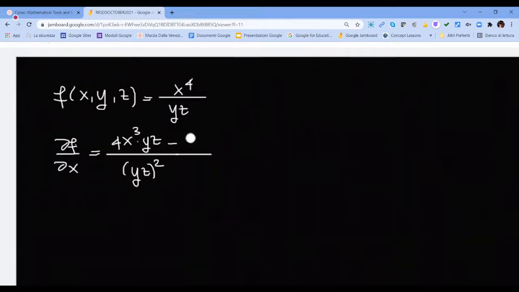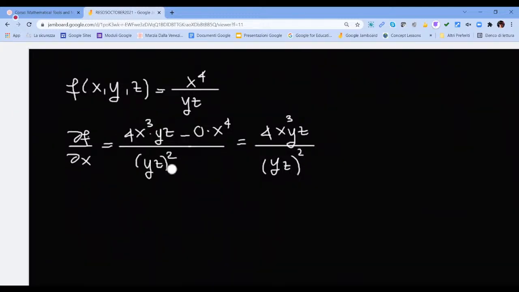That means it is 0 times the numerator. That means we remain with only one term over the fraction, and this will remain the same.